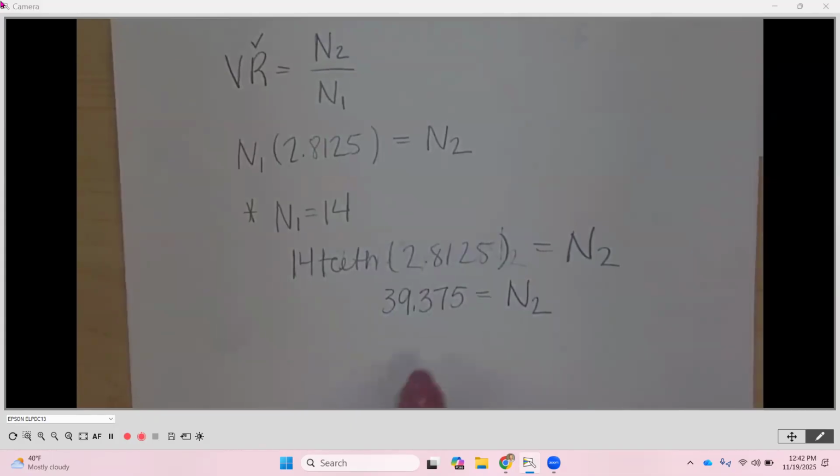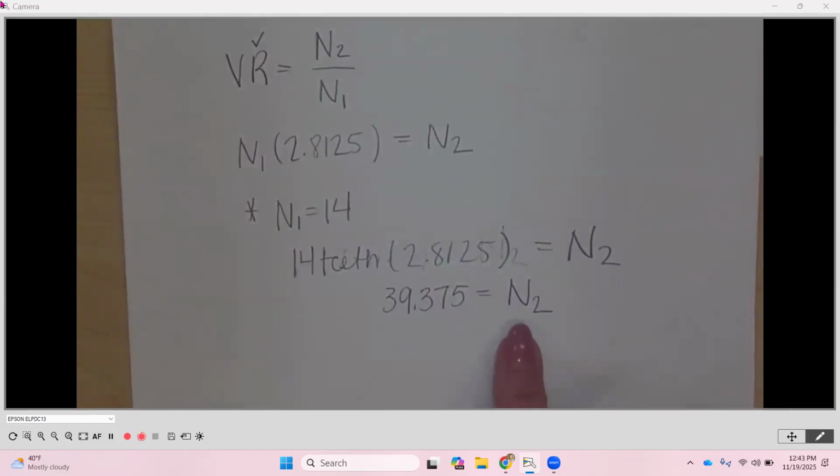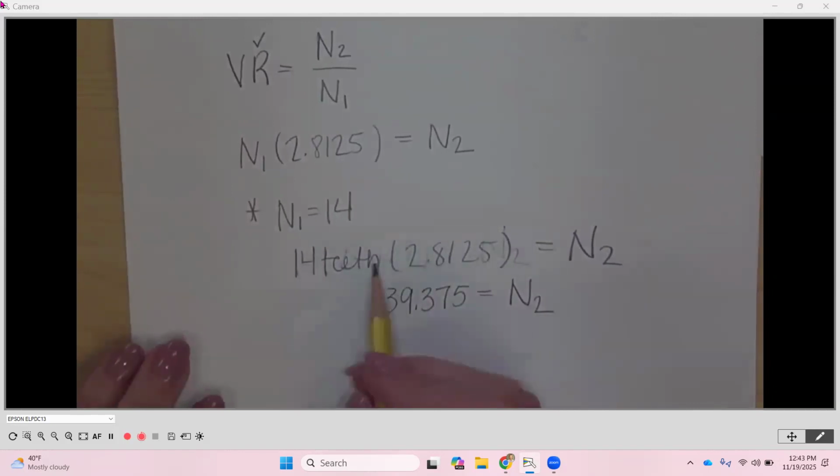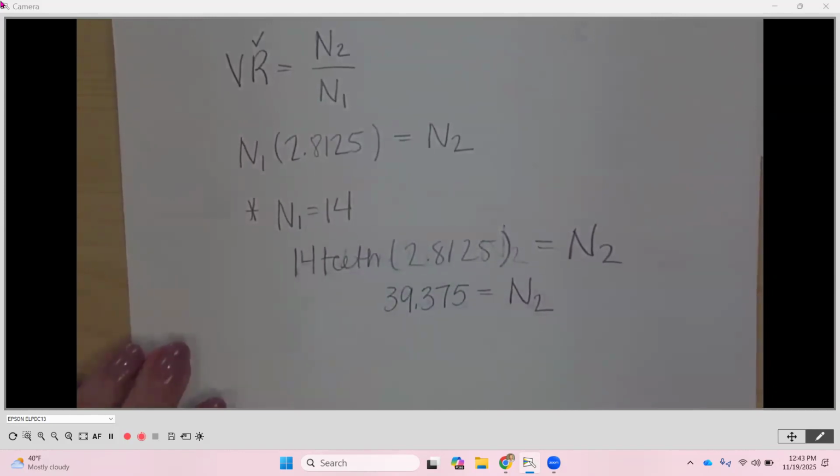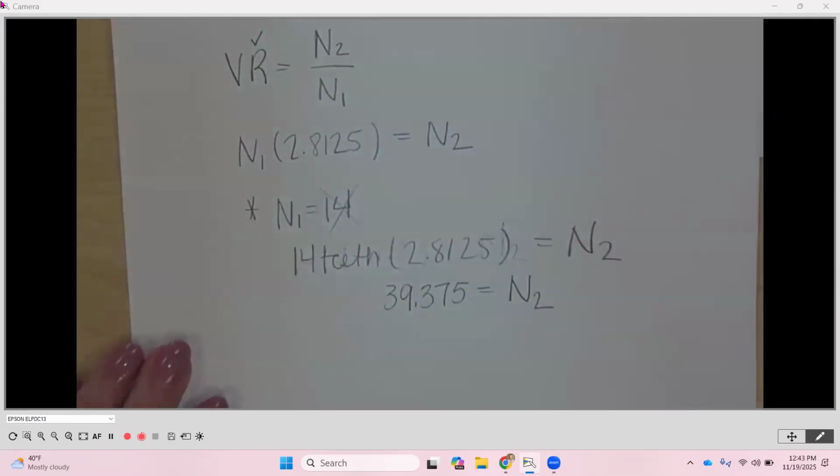Now, if I look at this number, 39.375, that means I have to have 39 whole teeth, but then 3/8 of one tooth. Can I make a gear with a partial tooth? The answer is no. So I have to have an integer number for my N2, and I also have to make sure it's on my list. So an N1 of 14 is not going to work for me.